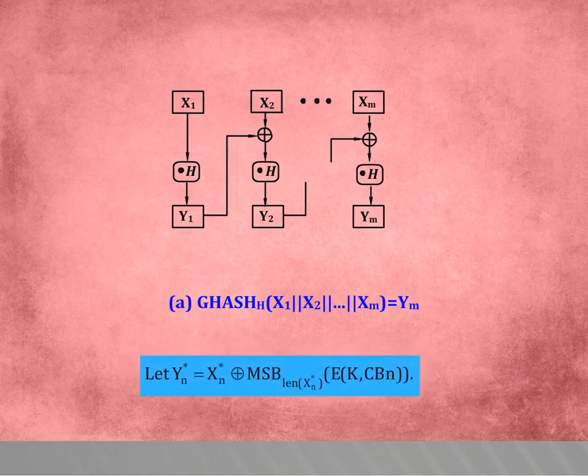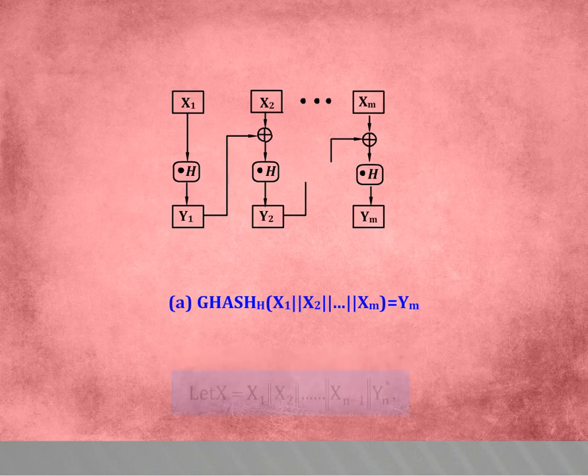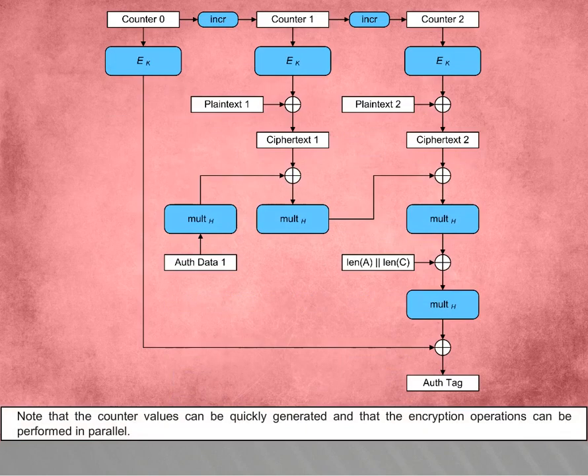Let yn group be equal to xn group XOR with msb len xn group of e of k, cbn. Let y be equal to y1 concatenated with y2, and so on up to yn-1 concatenated with yn group. Return y. Note that the counter values can be quickly generated and that the encryption operations can be performed in parallel.